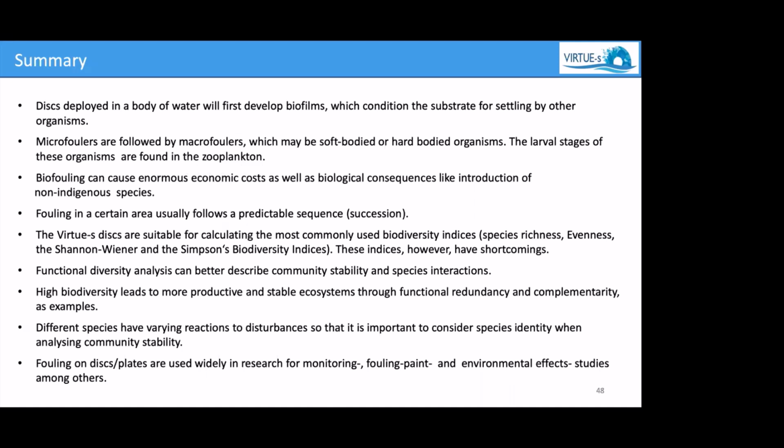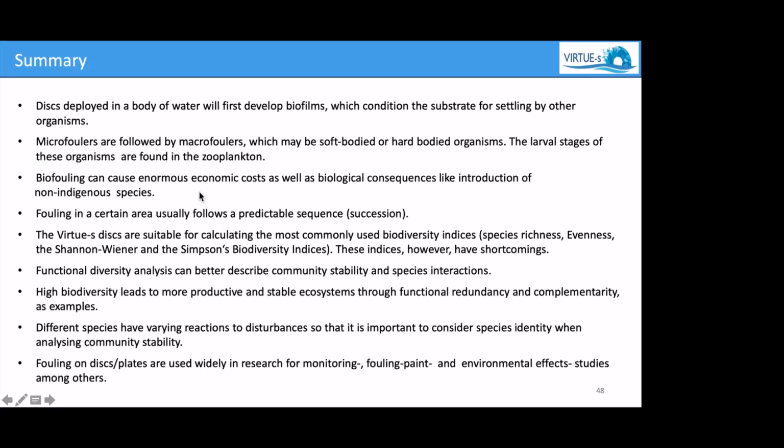So if they give off their eggs and sperms, and they are fertilized in the water, they will develop into larval stages and become part of the zooplankton, and this will start settling on the disc after the disc has been conditioned for settling with macrofoulers.